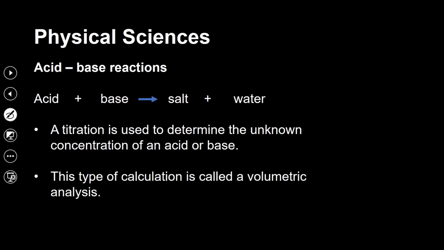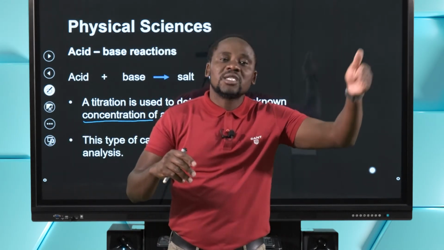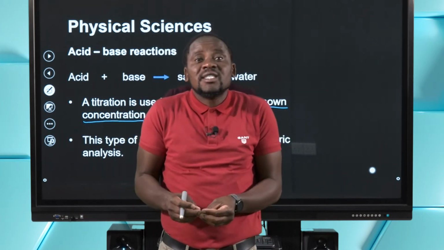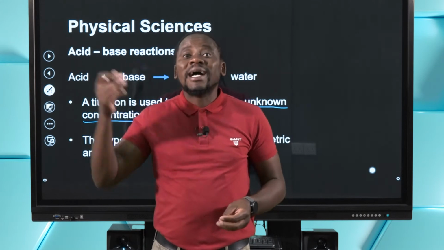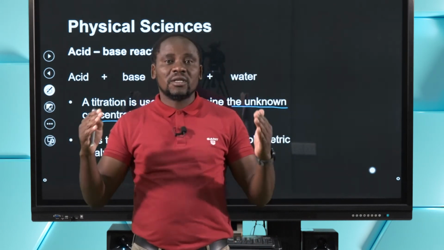Ordinarily, a titration is used to determine the unknown concentration of an acid or a base. Earlier on, we spoke about a solution whose concentration is known. Now we are saying that we use this technique of titration to determine the unknown concentration of a solution. So there are two things here that come out very clearly.